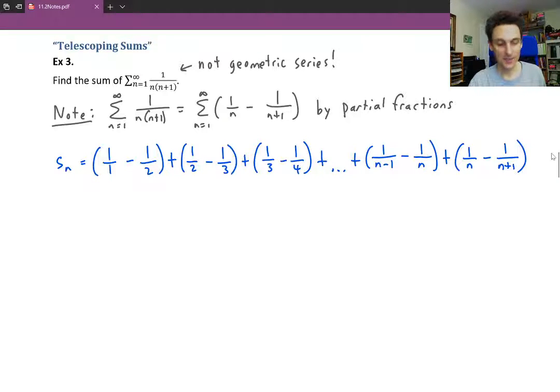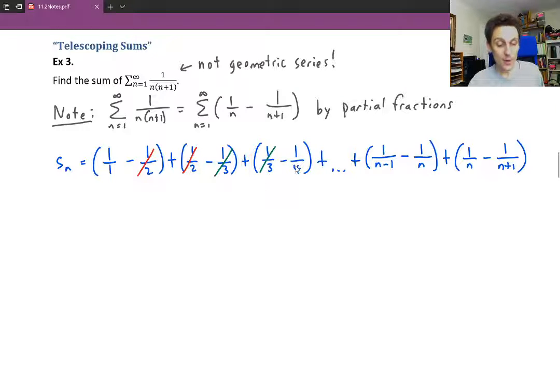Now for the magic. Notice that the minus 1/2 and the plus 1/2, those ones are the same but just opposite signs. So those are going to cancel. Notice the minus 1/3 and the plus 1/3. Those are the same, but they just have the opposite signs. So those will cancel.